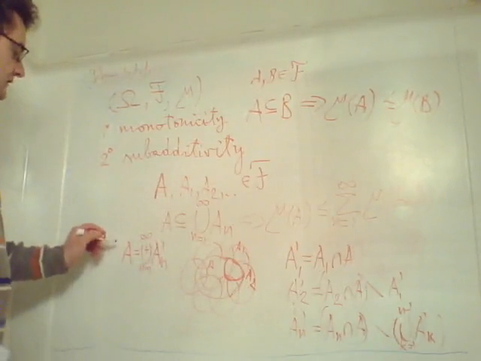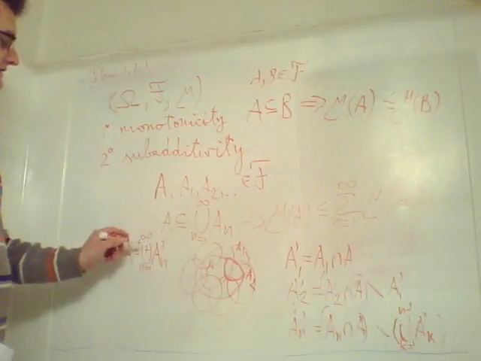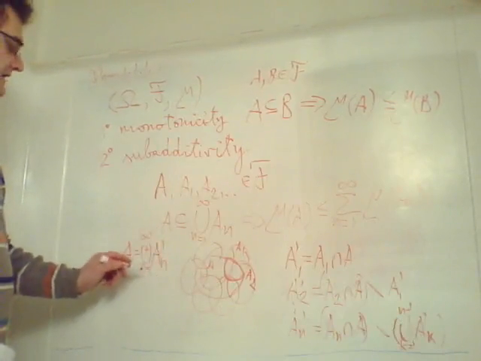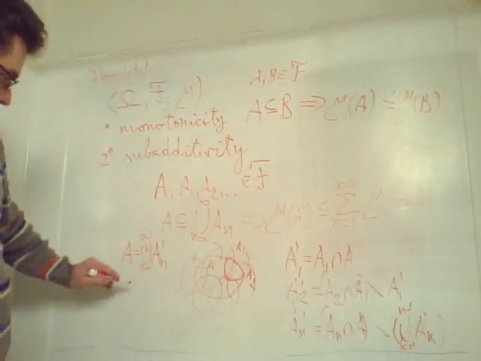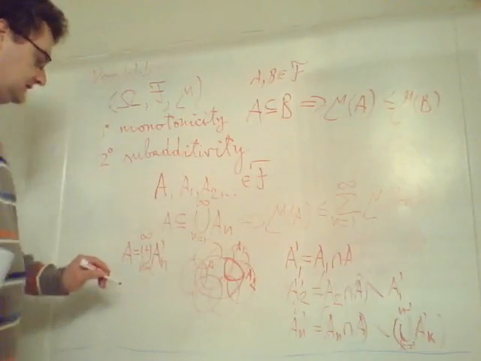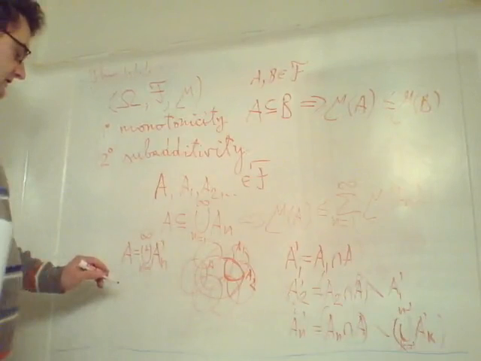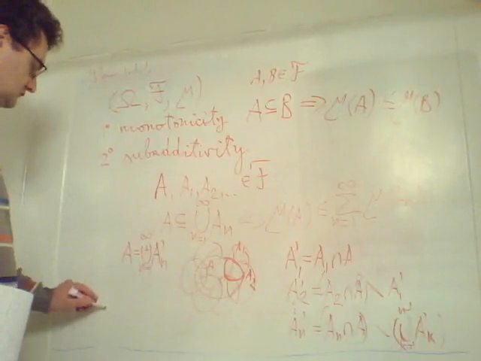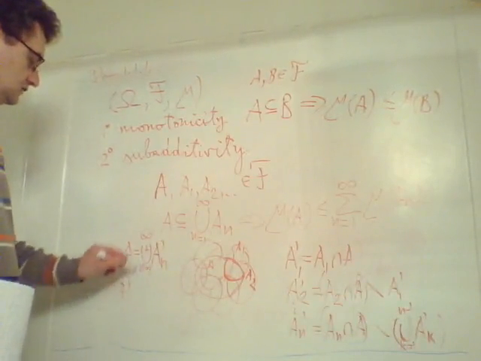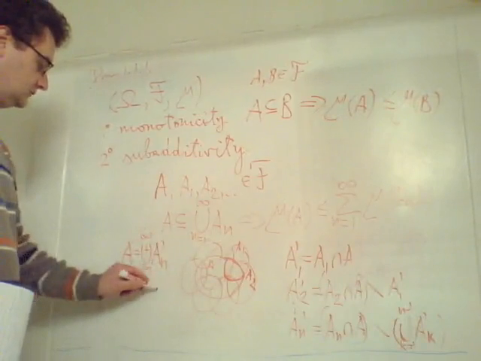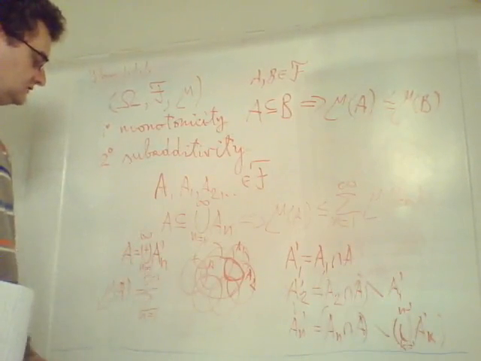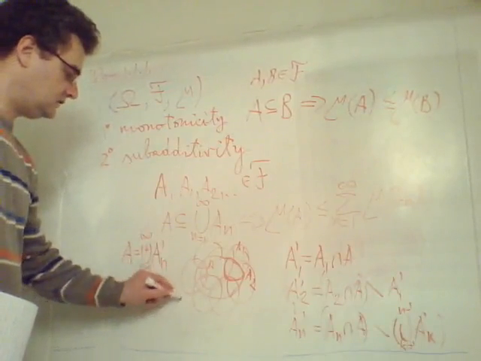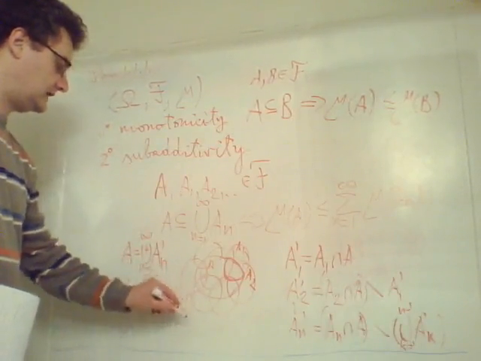So we have that mu of A is, by sigma additivity of measure mu, the series n goes from 1 to infinity of mu of AN prime.